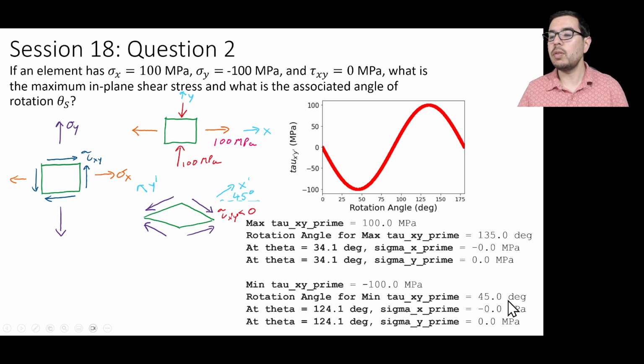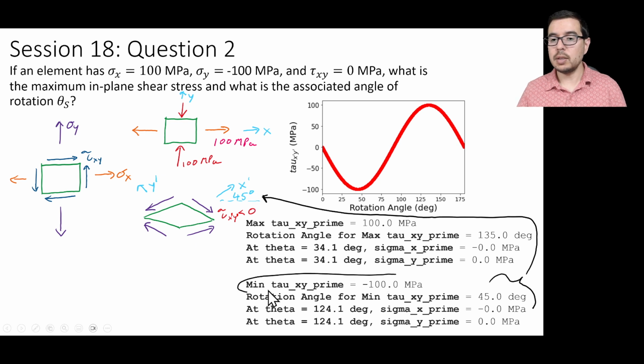So at 45 degrees, it's minus 100 megapascals. We predicted that tau x prime y prime would be less than 0, and that is in fact what we do see. So we can say, look, this is the 45-degree situation. This is the minimum, a tau x prime y prime that's less than 0, and it's at minus 100 megapascals.